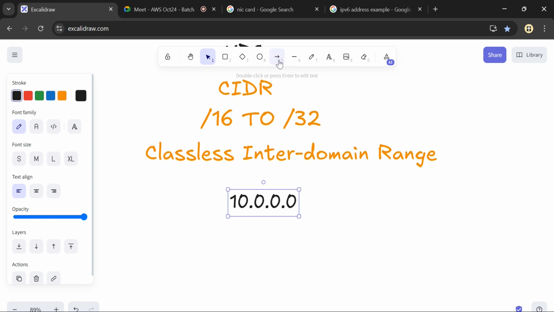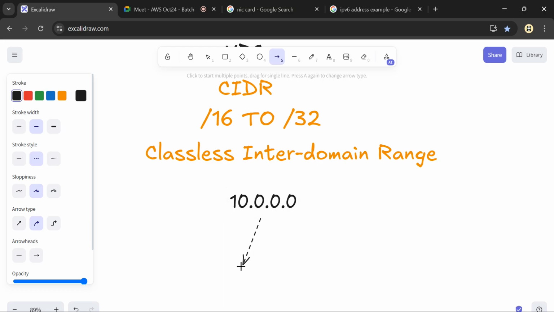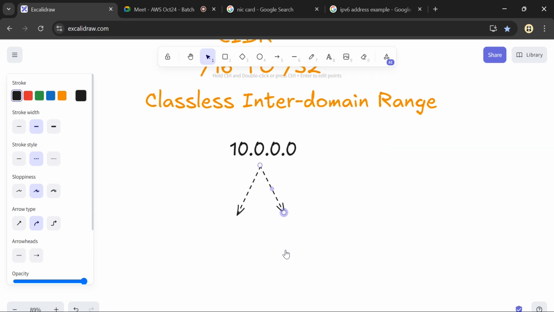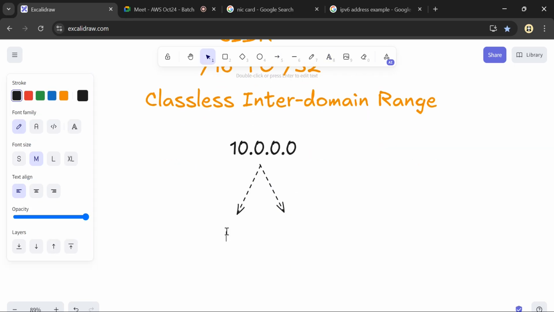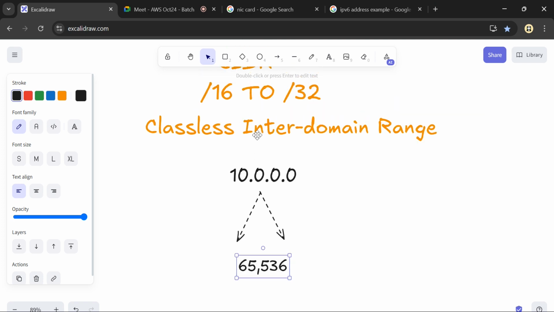I can subdivide this further, dividing it into multiple other IPs, up to a maximum of 65,536 different IPs. That method is called CIDR, wherein I am dividing this IP into many more IPs.